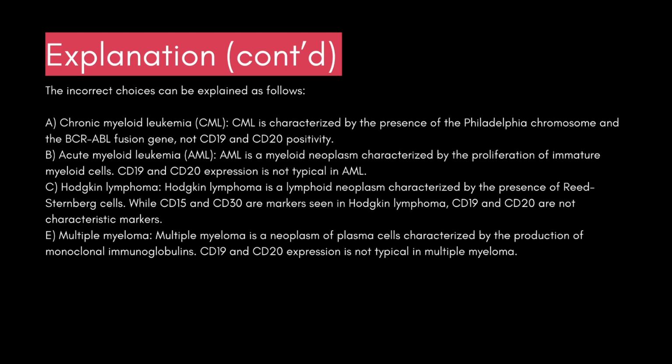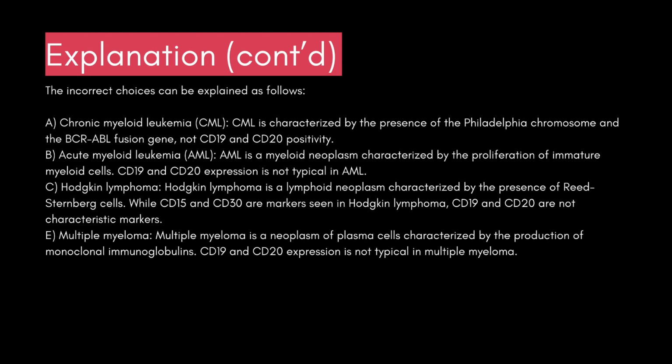Chronic myeloid leukemia, CML, characterized by the presence of the Philadelphia chromosome and BCR-ABL fusion gene, not CD19 and CD20. Acute myeloid leukemia, AML, a myeloid neoplasm characterized by proliferation of immature myeloid cells. CD19 and CD20 are not typical in AML. Hodgkin lymphoma.